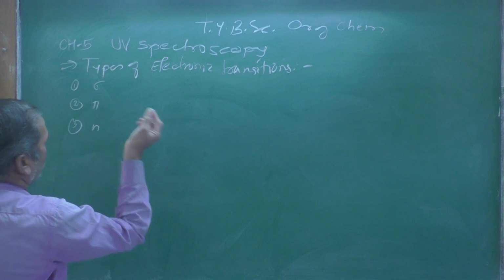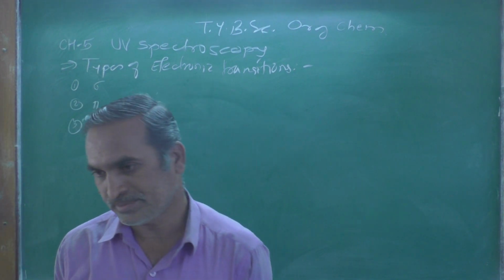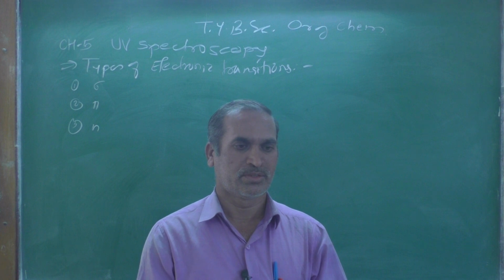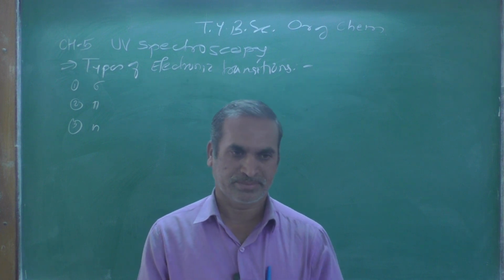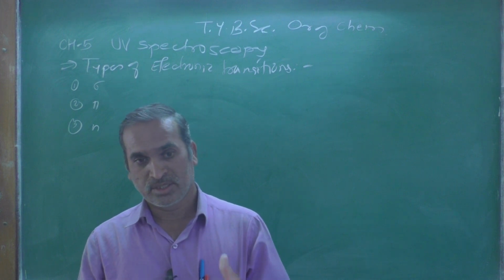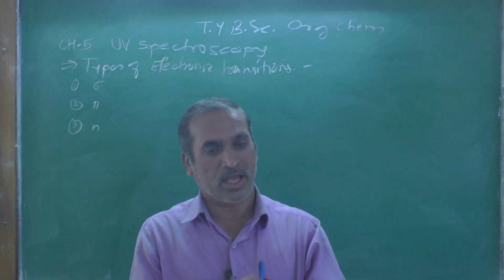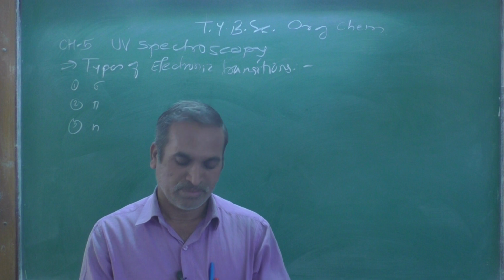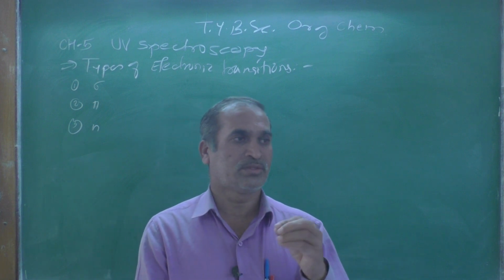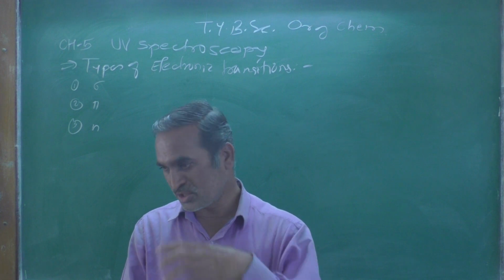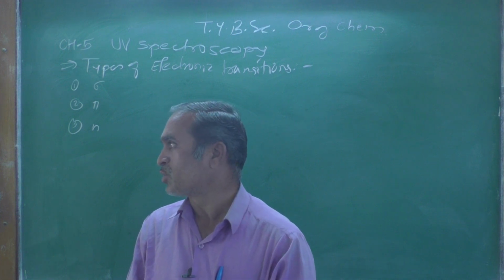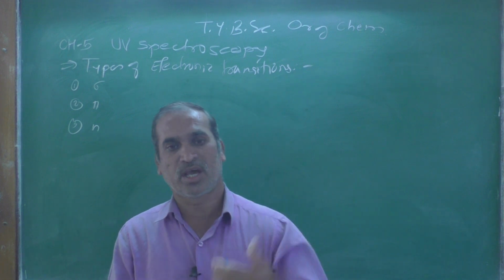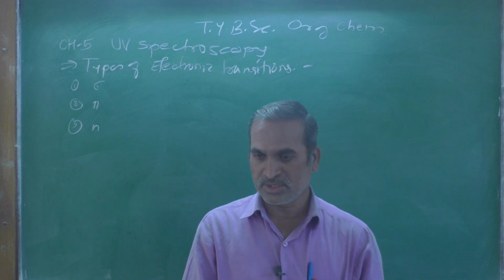And third, non-bonding electrons present in non-bonding orbitals. So when ultraviolet radiation strikes the organic molecule, electronic excitation takes place, meaning the electron moves from the ground energy state to the higher energy state.